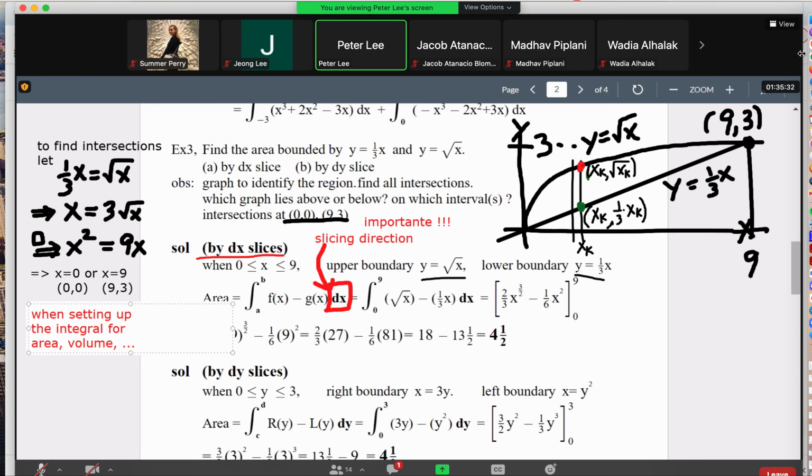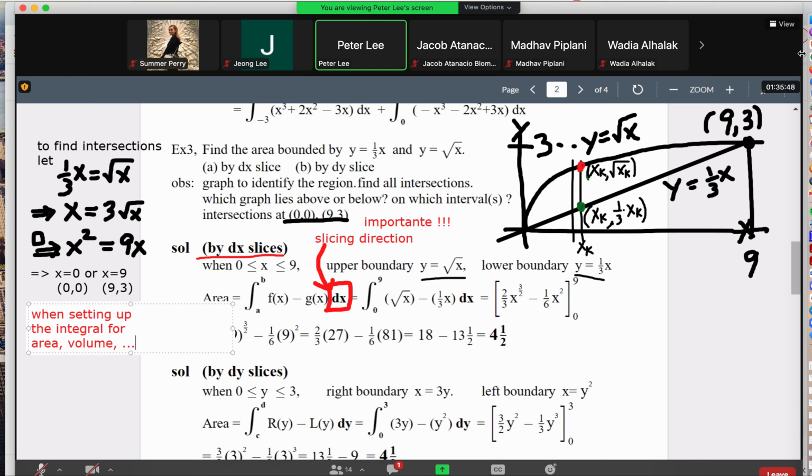By the way, in Calc 1 we only do the easy volumes. The general volume is covered in Calc 3, where you get into general shapes. Here we only do the easy ones, not the general ones.